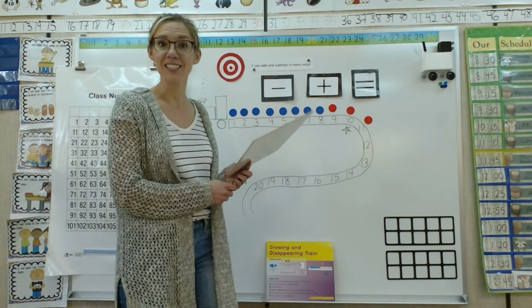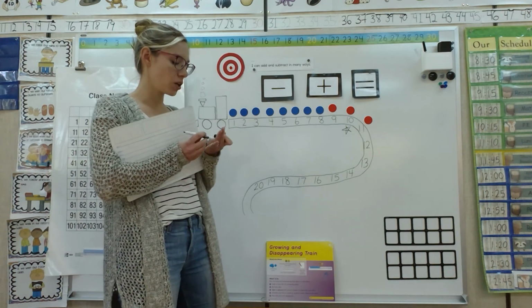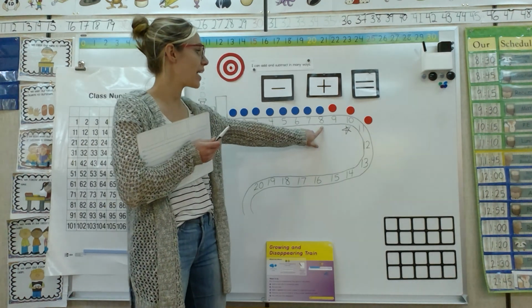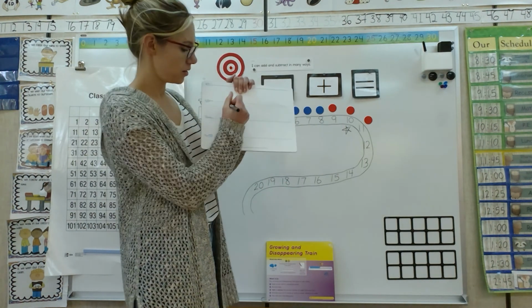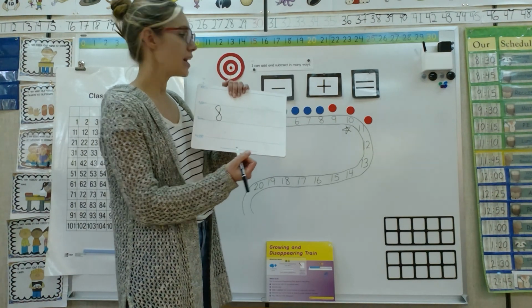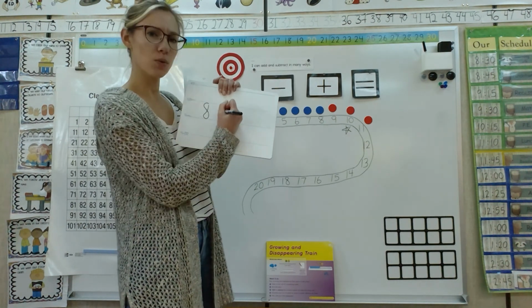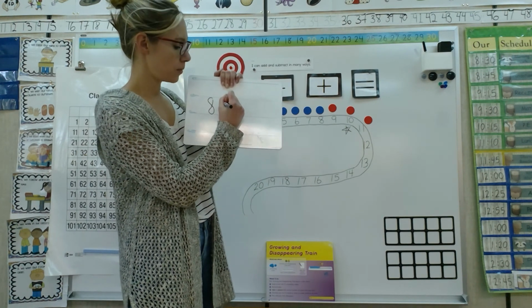Ooh, how would we write this as a number sentence now? As a number sentence, not a story, number sentence. Well, let's look at our train. We had 8 cars. So let's write that on our whiteboard. 8. Now we added. So what symbol do we use for adding? The plus symbol.